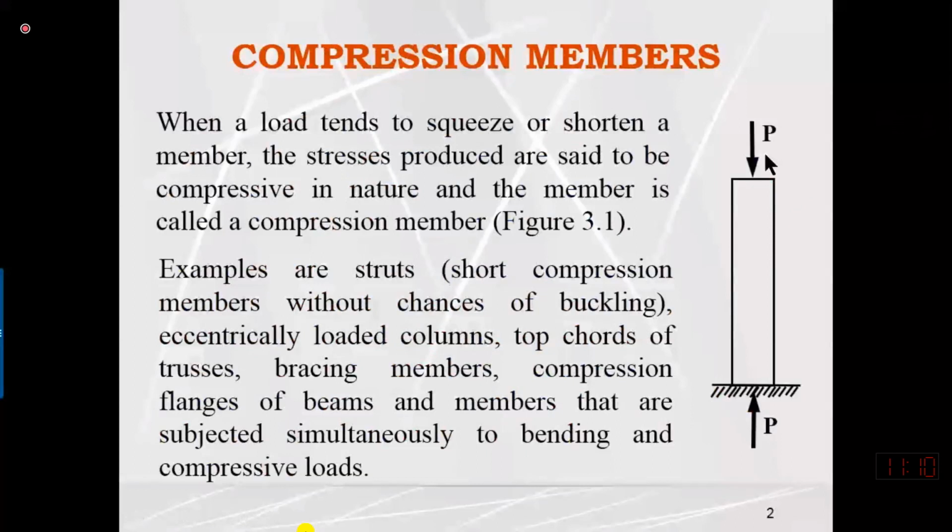This member will suddenly undergo very large deformation and fail, or it will suddenly bend in the lateral direction, and the initial position of the compression member cannot be restored. So this out of plane bending occurs suddenly at one particular load value. This sudden out of plane bending due to the axial compressive force is referred to as buckling.